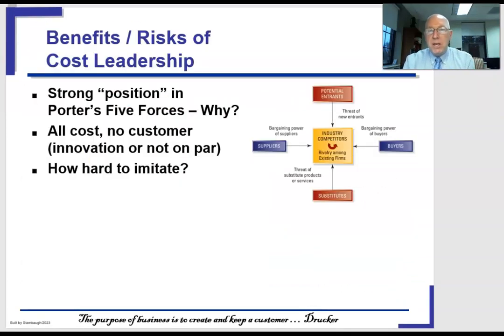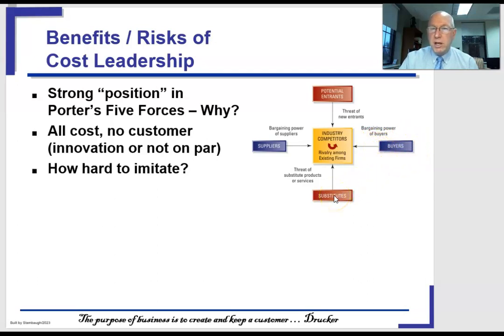So one of the big benefits of being a cost leader is it can be a very strong position. If you really have a cost advantage, you have an advantage over your rivals in that you can cut prices if need be while preserving as good a margin as they have. It is not a strong position over buyers unless they're very price sensitive buyers.